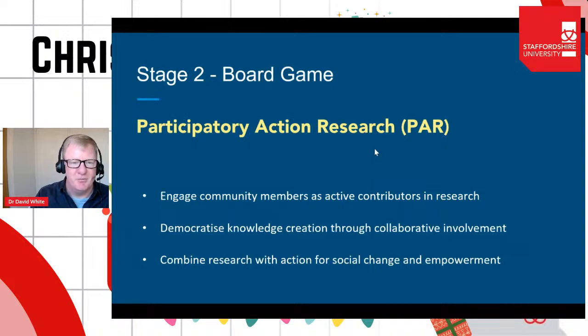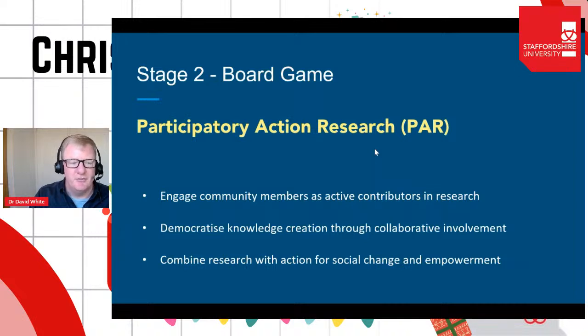The people who are going to be impacted by a game and climate change is the general public. So why not get them involved in how we design a game, get them involved in collecting research, make them collaborative researchers, give them a stake in the research, ownership of the research.